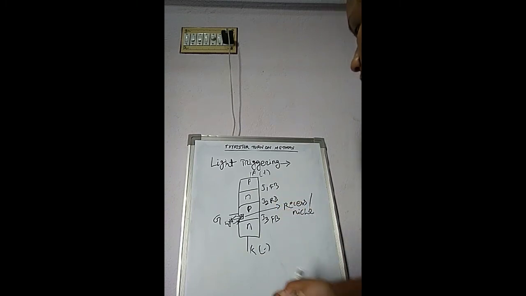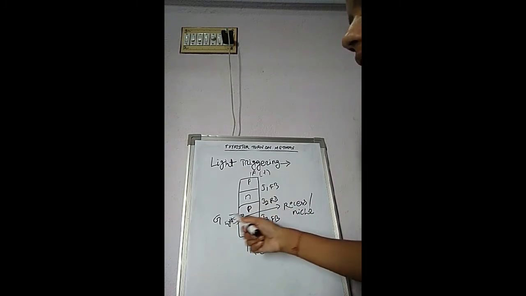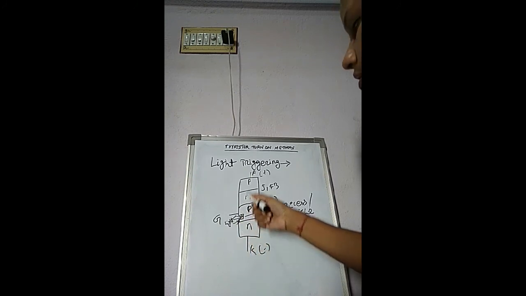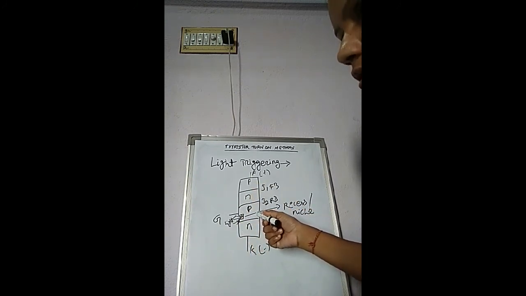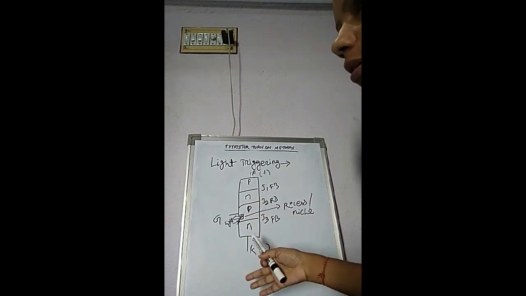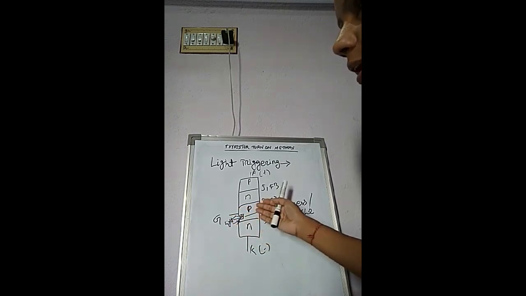So here one recess is formed in the inner P layer and the light is irradiated at this recess. Once light is irradiated at this recess, free charge carriers, holes and electrons, are generated, just like the gate triggering method when a gate signal is applied between gate and cathode.